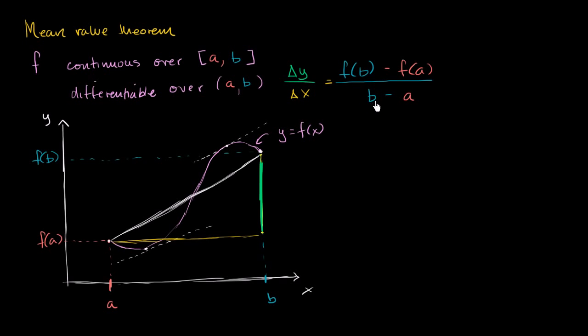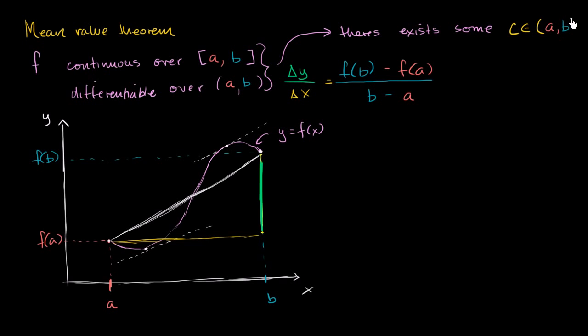And the mean value theorem tells us that if we know these two things about the function, then there exists some x value in between a and b. So in the open interval between a and b, there exists some c. And we could say it's a member of the open interval between a and b, or we could say some c such that a is less than c, which is less than b.